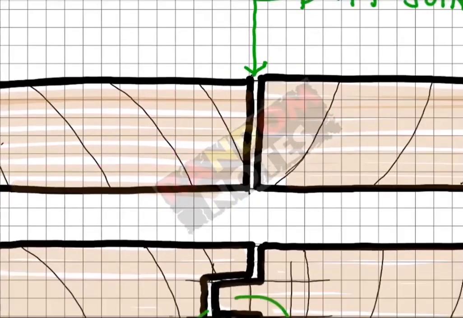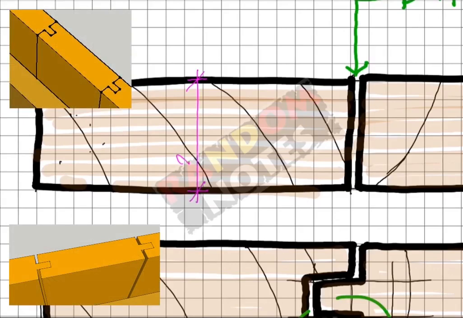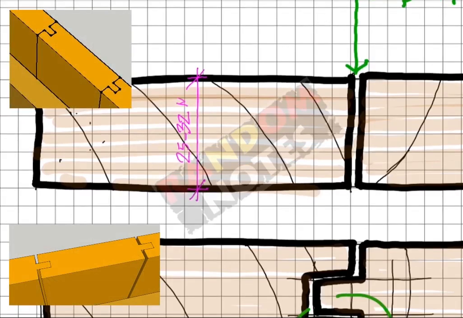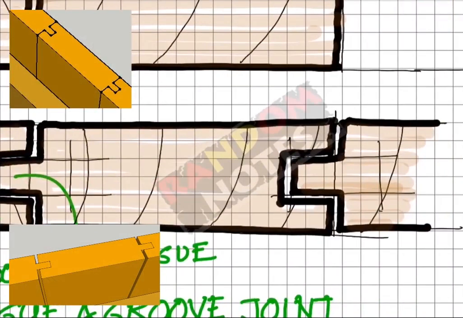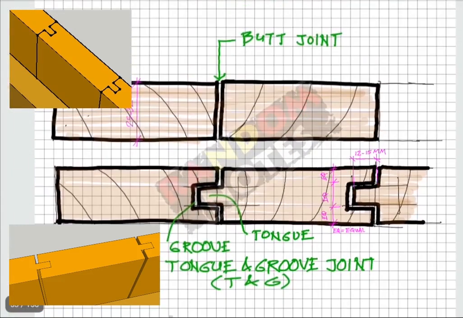Let us see the dimensions for making these joints. For the given thickness of battens, divide the thickness in 3 equal parts. The length of the tongue is 12 to 15 mm and the groove can be less than that or more than the tongue. The edges of the batten will meet tightly if the tongue is small. The edges will stay away and make a gap if the tongue is longer than the groove.